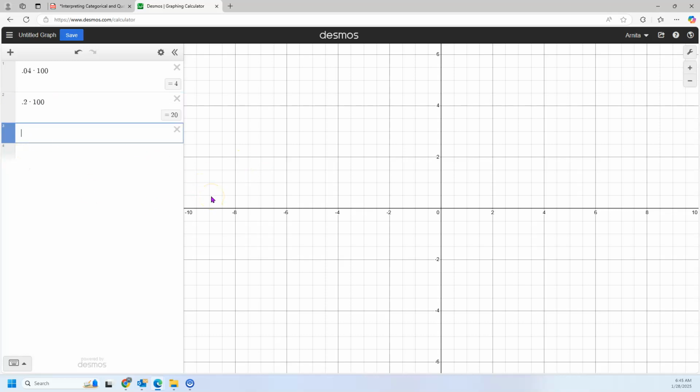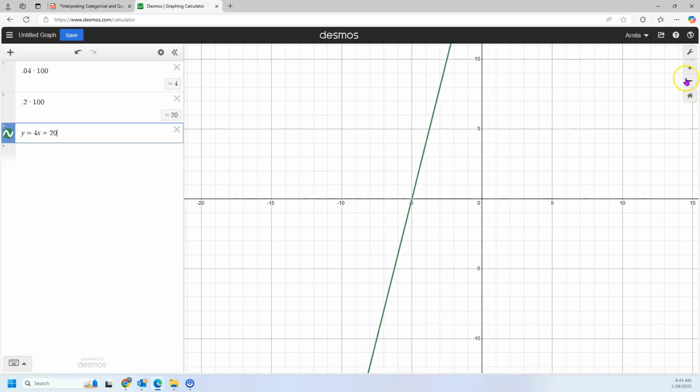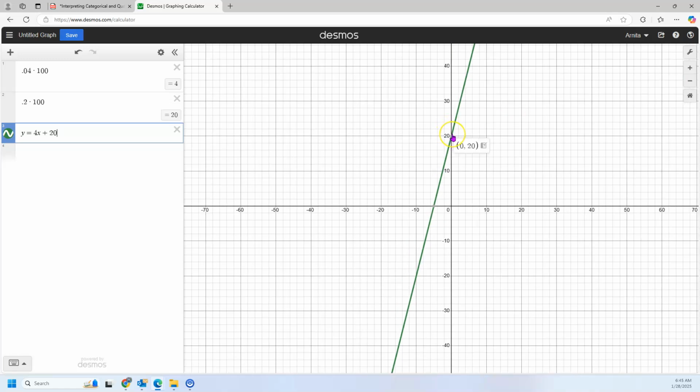And if we were to graph it, y equals 4x plus 20, okay? So I'm going to zoom out. So here we go. Right here, 0, 20, okay?